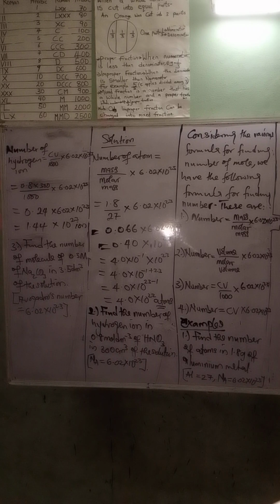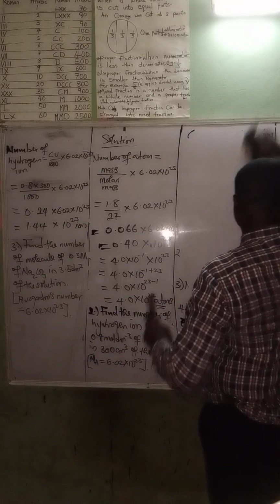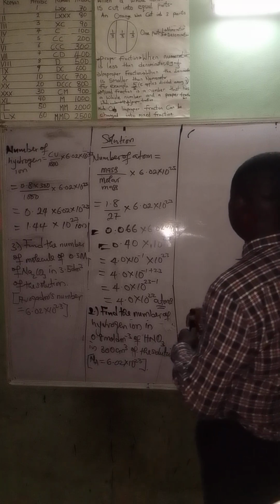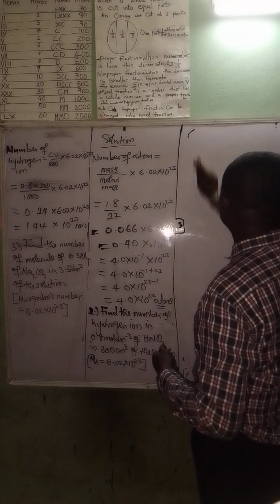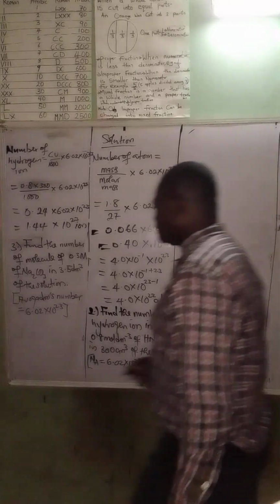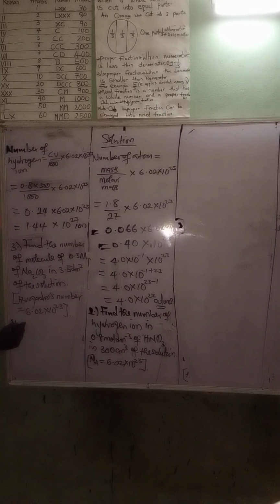When you have this, what do you do? Now let's come back here. Don't forget, number is equal to ordinary CV.